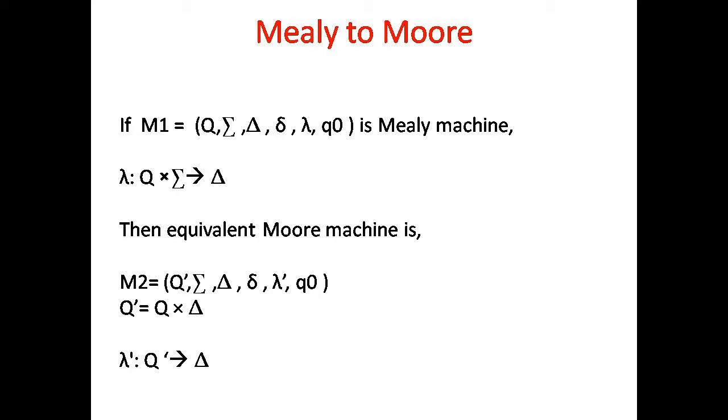Here Q dash is nothing but Q into output symbol, where this output symbol depends on these states, and the lambda dash function in the Moore machine takes Q dash and produces the output symbol.